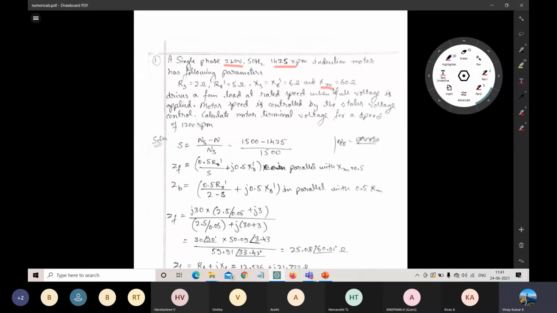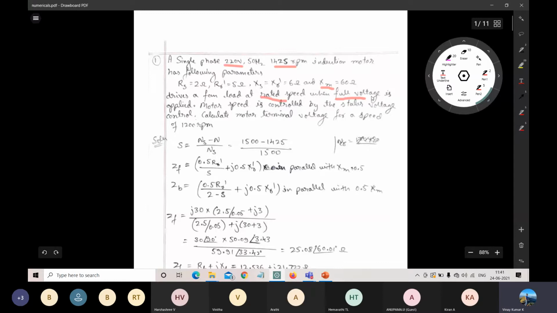So here the concept that we have studied yesterday, that is full load voltage and rated speed. At rated speed the voltage should be maximum, the full load voltage, and motor speed is controlled by the stator voltage control technique.